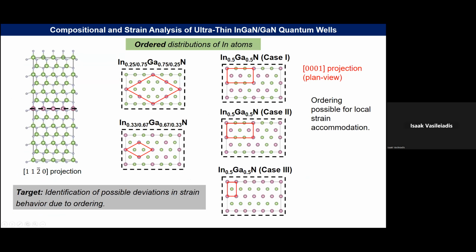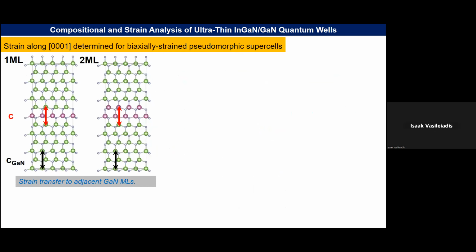Of course, possible ordered distributions must be considered, and therefore such cases were also considered. So now we have all the possible cases, all the possible models to analyze them in order to find the strain behavior.